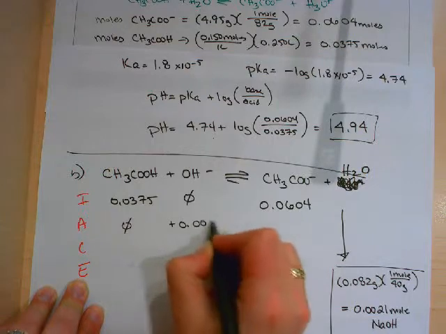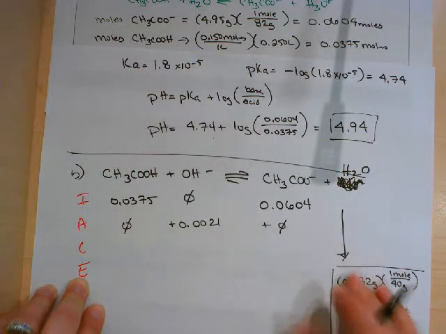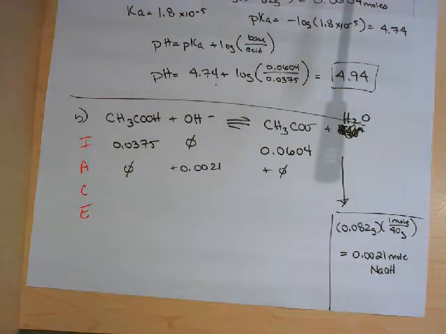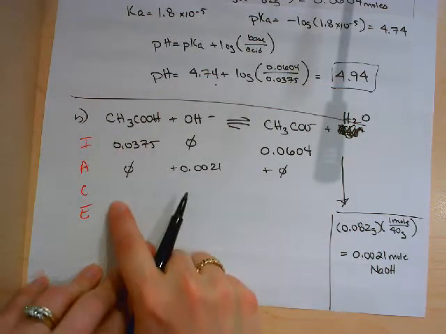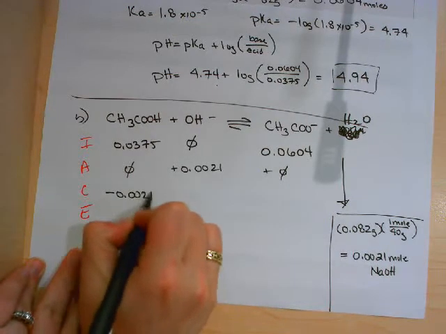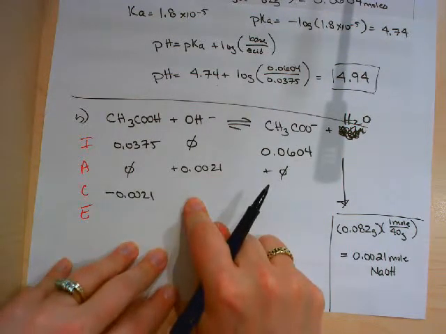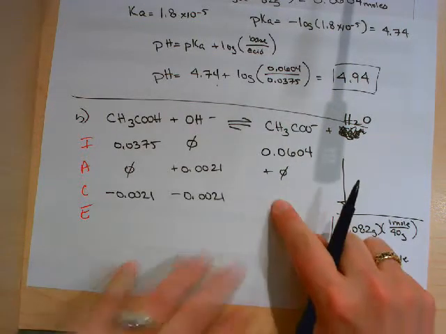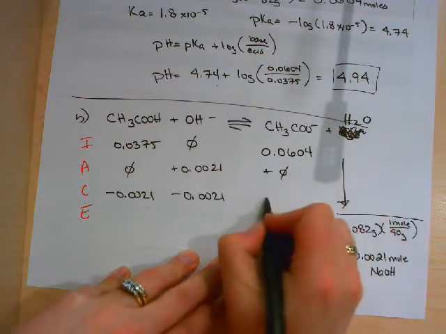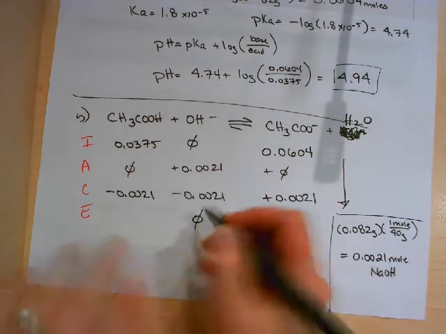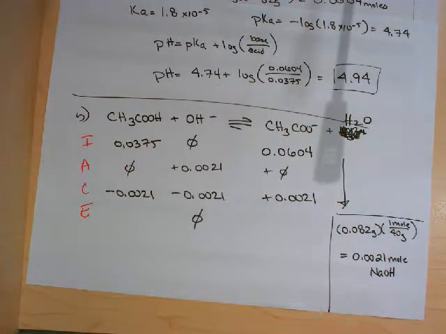I added this. Now, what do I do to my acetic acid? Yep, you subtract it off. What do I do to my hydroxide? Subtract off also. What do I do to my acetate? I now add it.